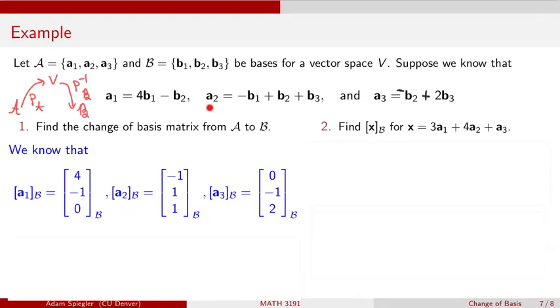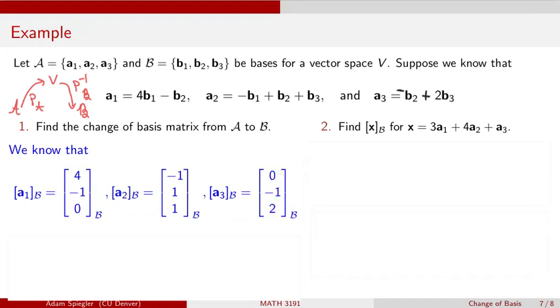And the B coordinates for the second basis vector in basis A, A2, would be minus 1, plus 1, and then another plus 1. So that would be minus 1, 1, 1. And then lastly, for A3, the last basis vector in basis A, we have that A3 is minus B2 plus 2B3. So writing A3 in B coordinates, we would have 0 since there's no B1, negative 1, plus 2.